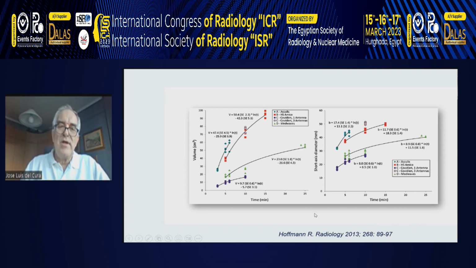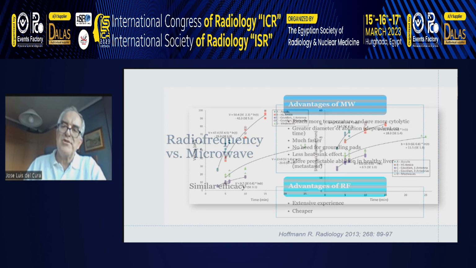You can see that the efficiency of the volume of ablation of the different devices in this case was completely different. Some of the devices studied here are no longer used, but you can see that it's not the same using one device or another one from another company. This is important to know and to check your results.